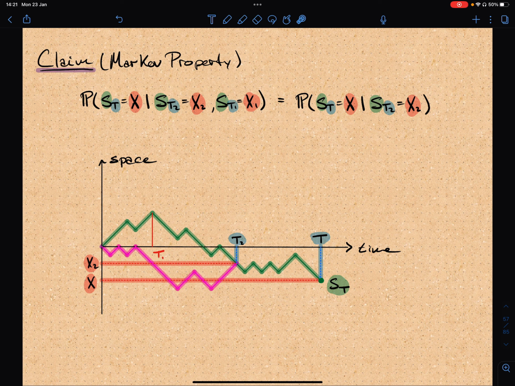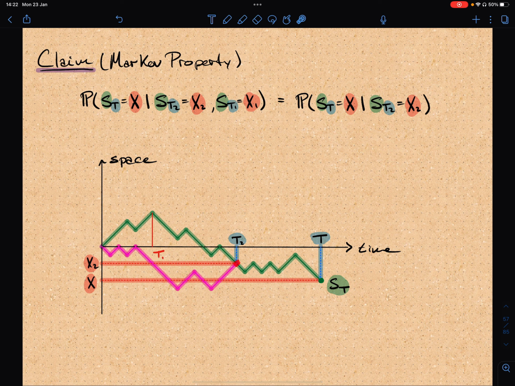So if we condition on a path like this, that goes through t1 here and t2 here, the probability of the path ending here, given this and this, is going to be equal to the probability of the path ending here, given just this.